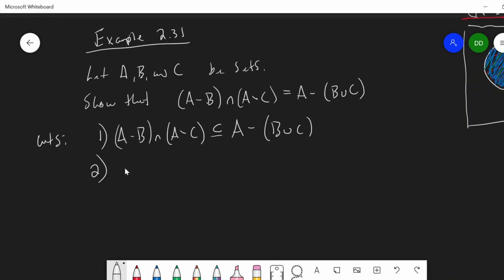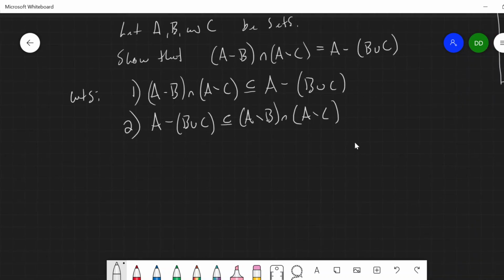I also want to show that A minus B union C, everything that's in here, is also in A minus B intersect A minus C. So everything that's in this set is also in this set.